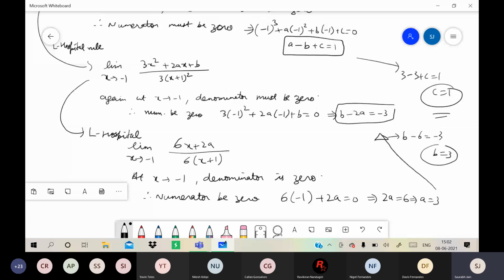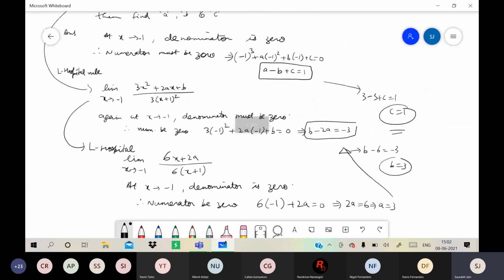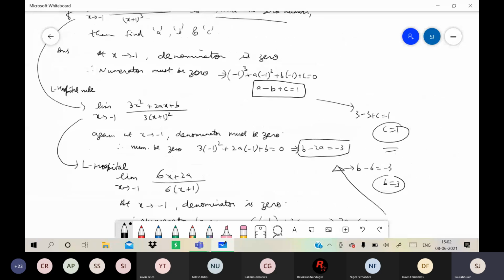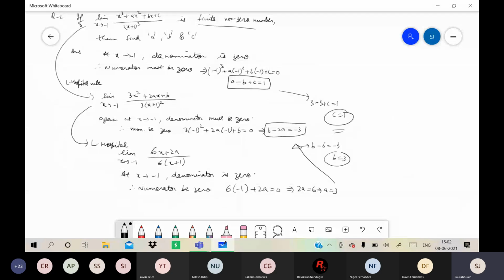Now if they ask you to find the limit also, you can do that also. See, let me put the values. This will be an extra question.